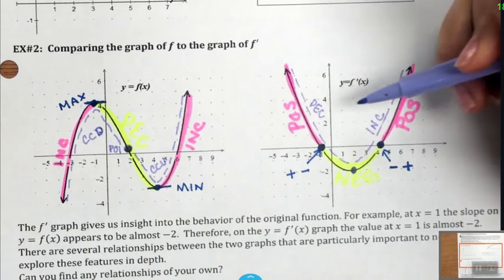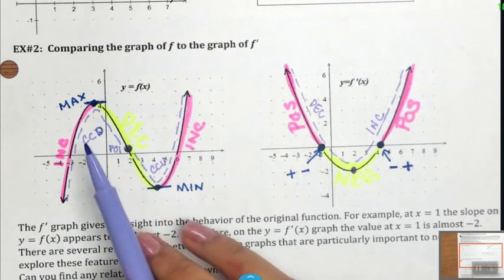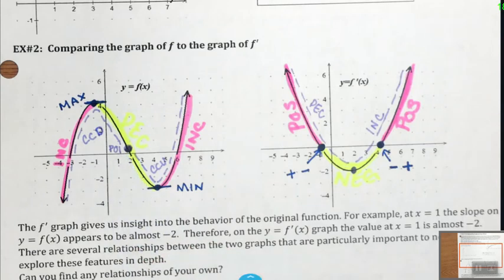So if your first derivative goes from decreasing to increasing, then you know your original goes from concave down to concave up, and you have a point of inflection right in the middle. All right, so you can get a whole bunch of information from any one of these two graphs, and you should be able to go back and forth between graphing the two of them.